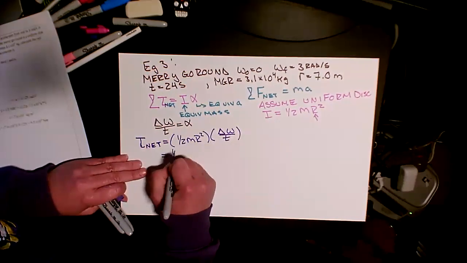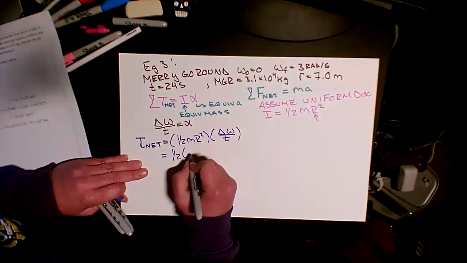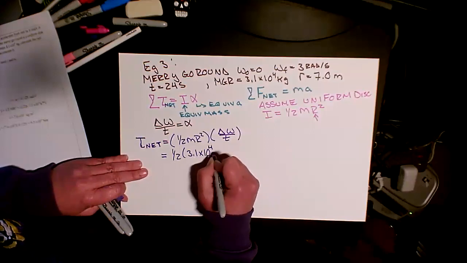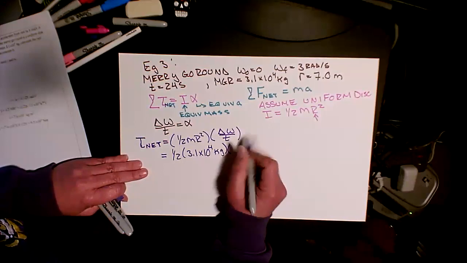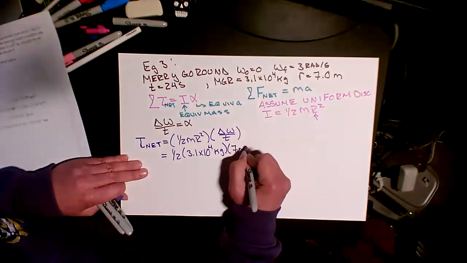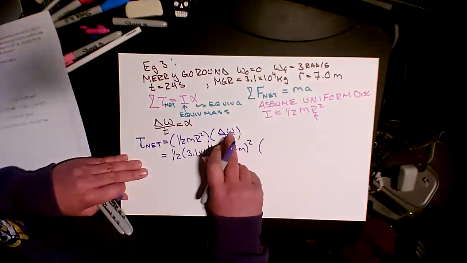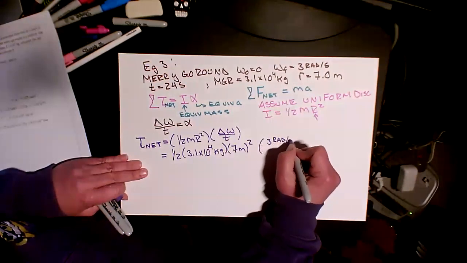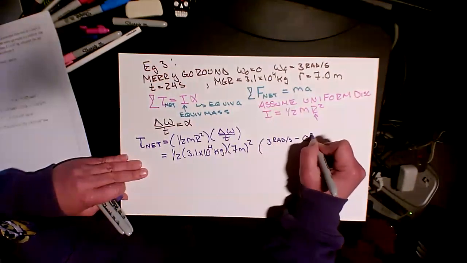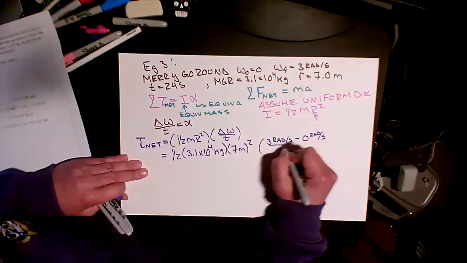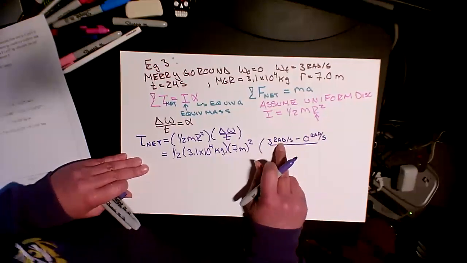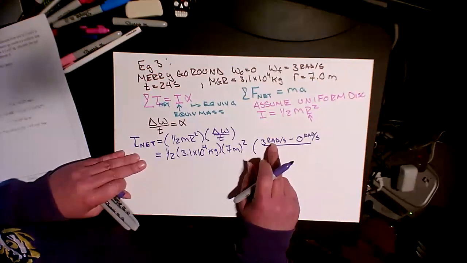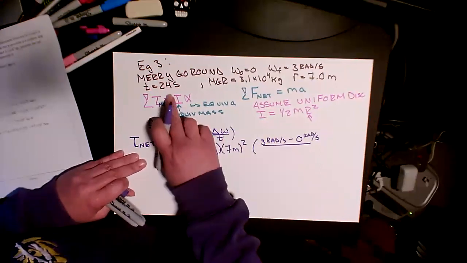So let's put in our values. 1/2 times the mass of the merry-go-round, 3.1 times 10 to the 4th kilograms, times the radius, 7 meters squared, times omega final, which is 3 radians per second, so 3 radians per second minus 0 radians per second. And the radians is the key that I am in omega, because this is already in radians. If it were rotations, I would have to make that conversion with the 2 pi. And then t is 24.